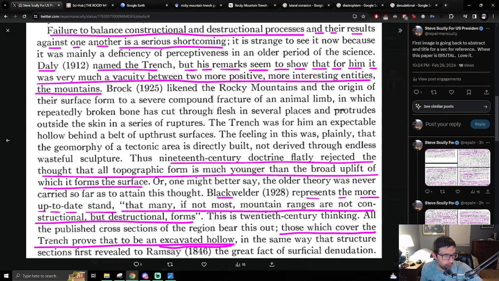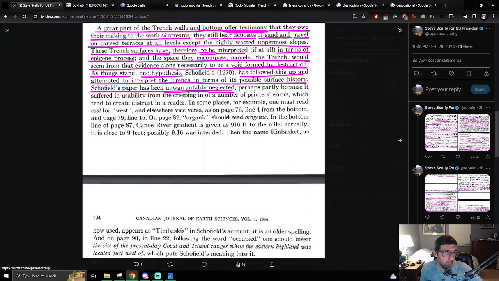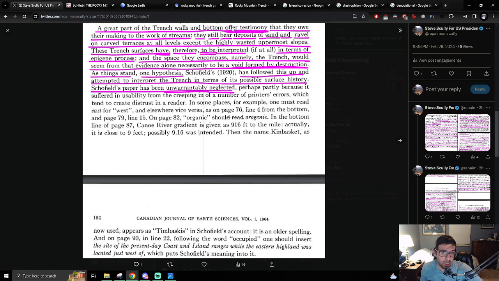Those which cover the trench prove that to be an excavated hollow, eroded. A great part of the trench walls and bottom offer testimony, like shallograms, that they owe their making to the work of streams, like shallograms.